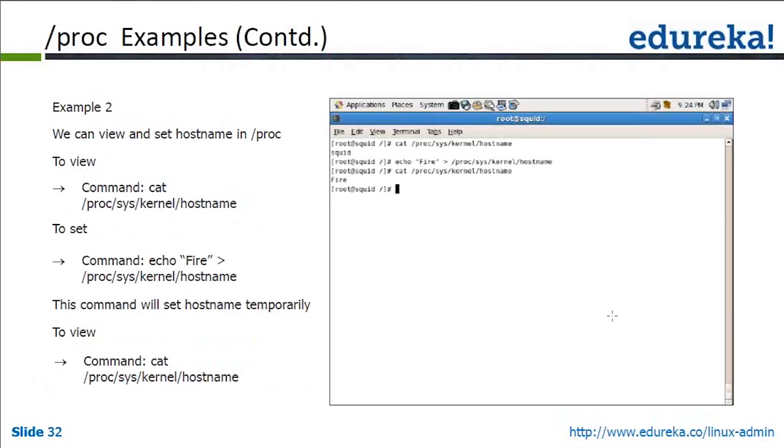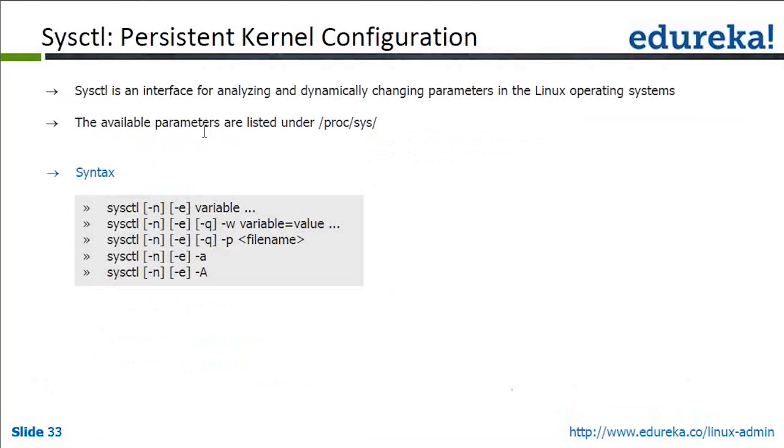There are always two different ways of making changes to your system: temporary as well as permanent. sysctl is an interface for analyzing and dynamically changing parameters in the operating system, all the kernel level parameters. We can modify those parameters and make the changes during runtime itself, and all those changes would get reflected in the files present under /proc/sys.